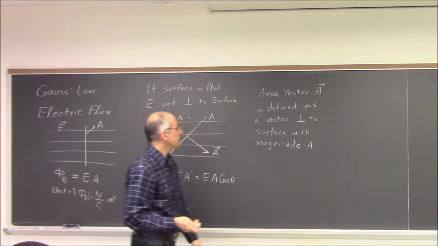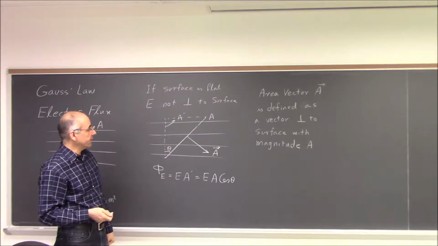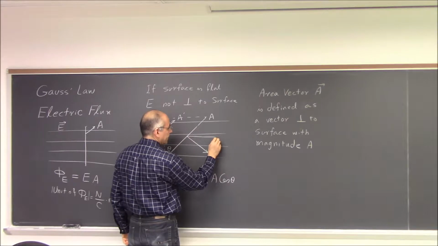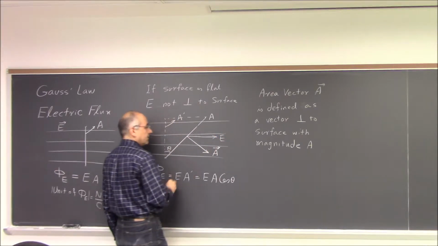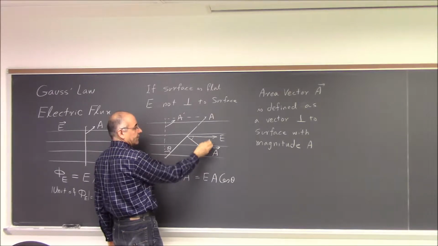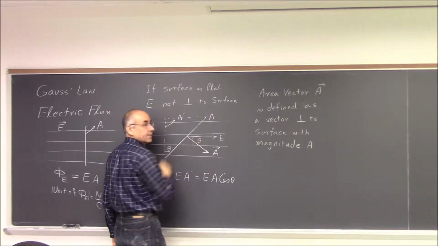It is possible to define a vector like that. And in here, the electric field direction is this way, and the angle between the area vector and the electric field vector is also theta.